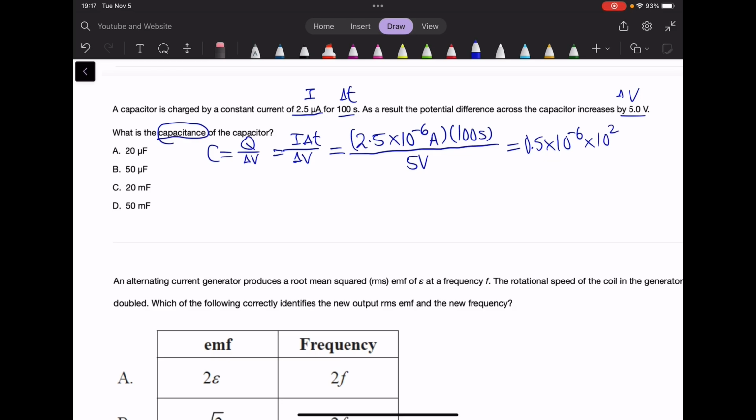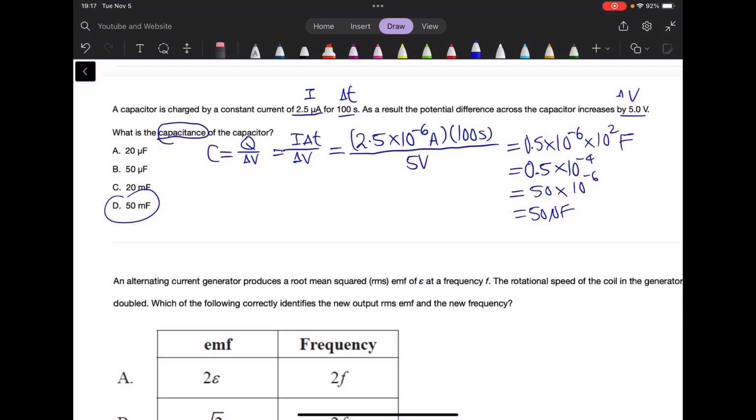And capacitance has a unit of farad. Simplifying the answer, we get 0.5 multiplied by 10 to the power of negative 4. And this gives us 50 multiplied by 10 to the power of negative 6, which is equal to 50 microfarad. So D is the answer.